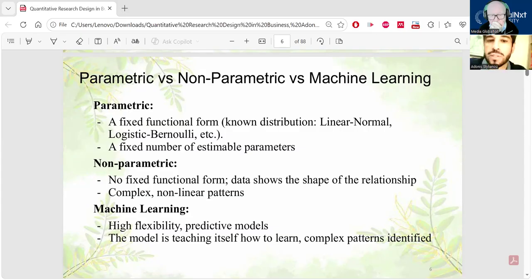The non-parametric approach is very useful in business research at the moment because it doesn't assume that there is a very well-known distribution. The functional form is not known. In most cases, especially for small samples, not having to satisfy this strong assumption is really important.